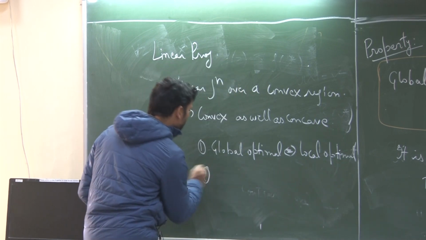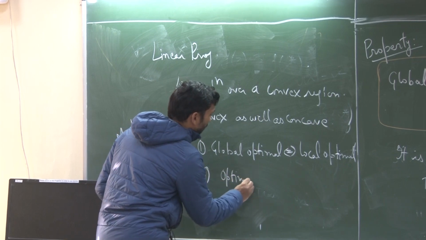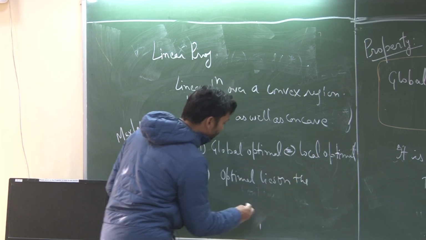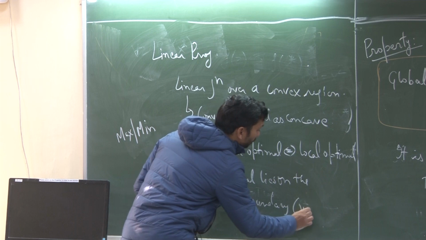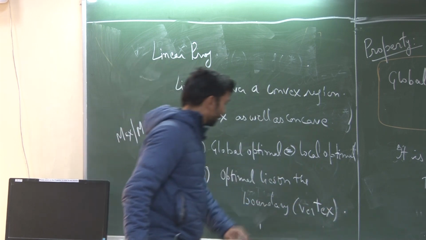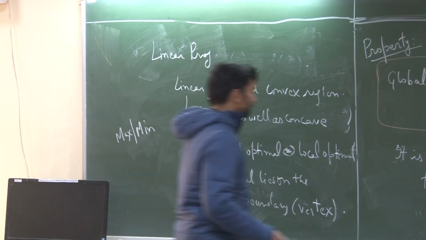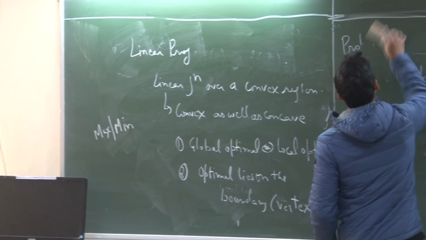And the second property is optimal lies on the boundary, or for us, because we have a convex region, it lies on the vertex. These two properties are central to defining the simplex algorithm.